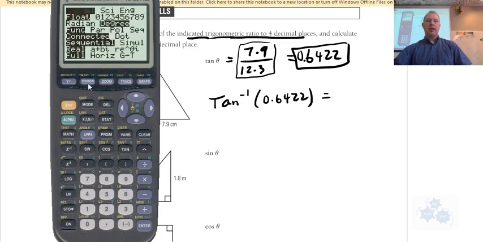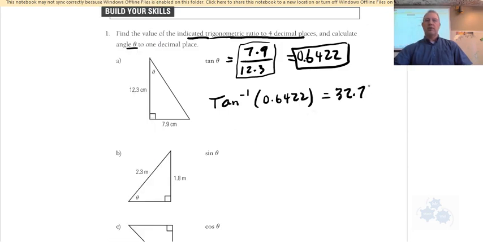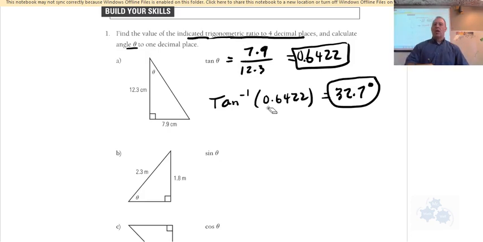Now I think my mode is on, oh, it's on degrees, that's great. So you want your calculator to be on degrees. 32.7. Did you guys get that? 32.7 for a, awesome. So these are the two answers here for 1A. So SOHCAHTOA helps to remember which sides of the triangle we divide.